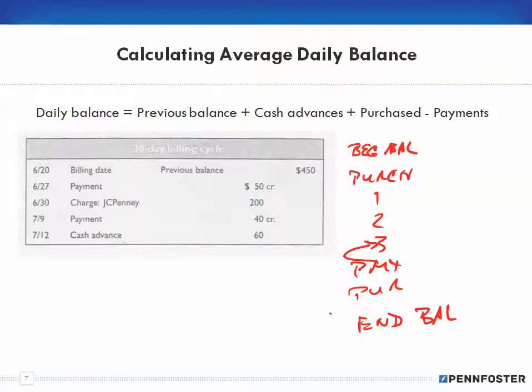So in order to provide metrics and statistics, credit card companies use the idea of average daily balance, because the swings can be an awful lot.